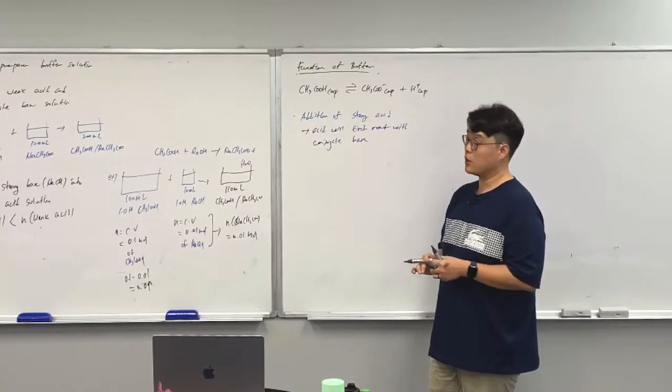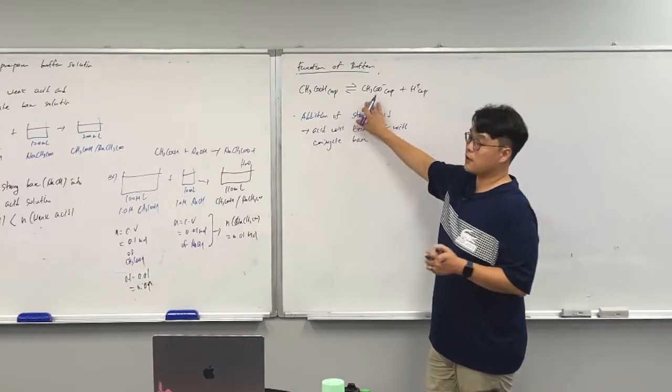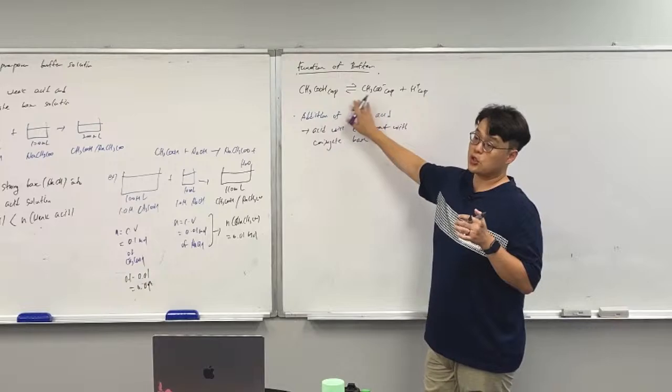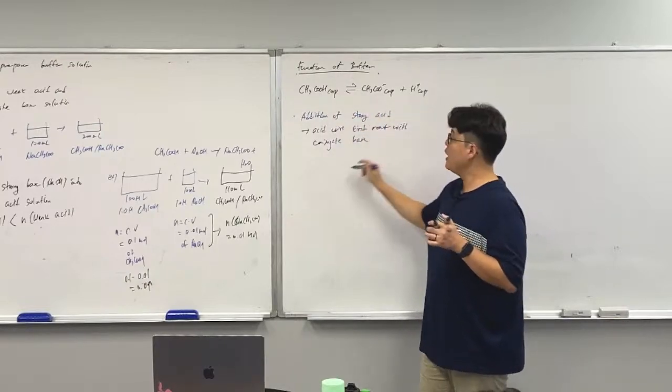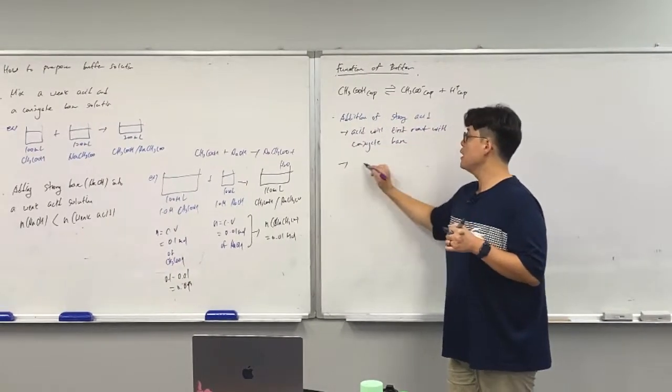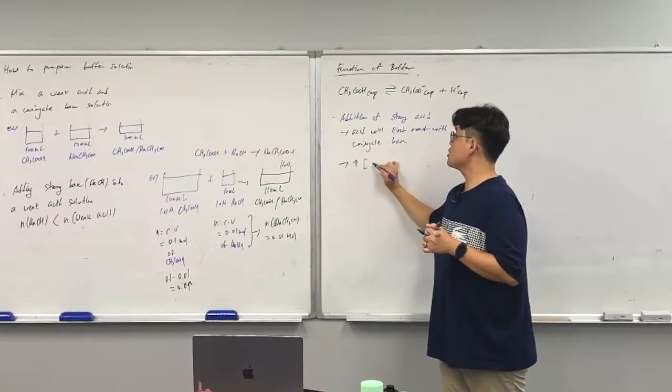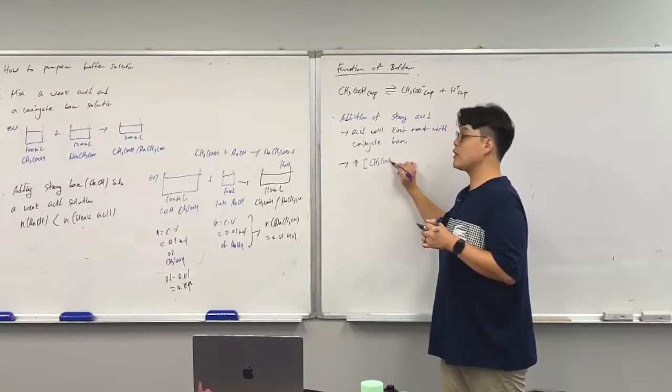Okay, so in terms of the equilibrium, you might think about Le Chatelier's principle, a shift of the reaction to the other side too. But first of all, this results in an increase in the concentration of the acetic acid.